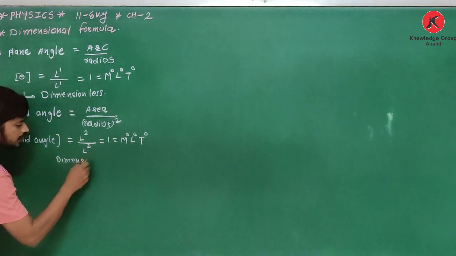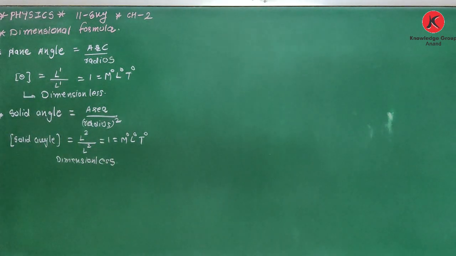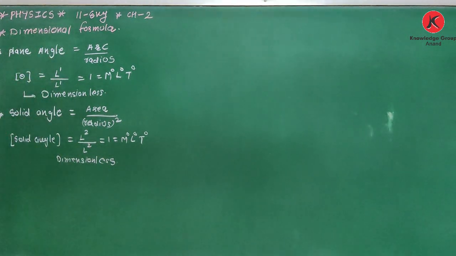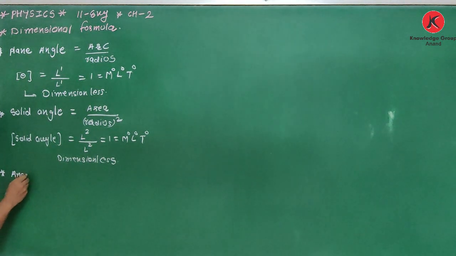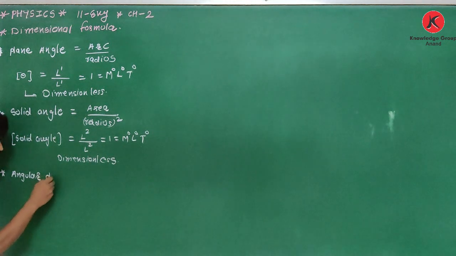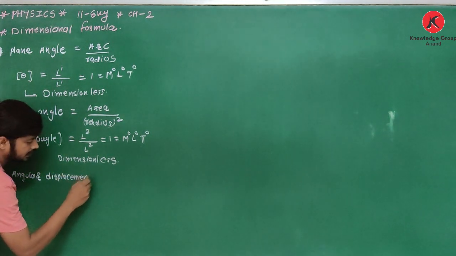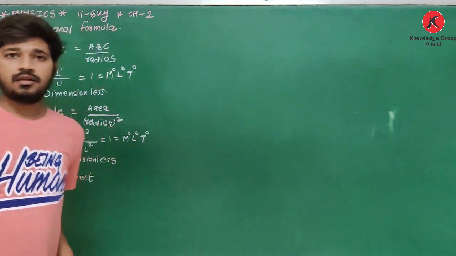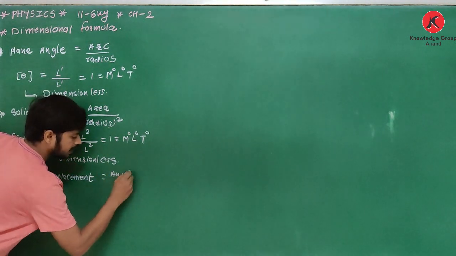Clear about this? So we have two dimensionless quantities: first plane angle and then solid angle. Now next one is angular displacement. Angular displacement is nothing but angle, that is theta.